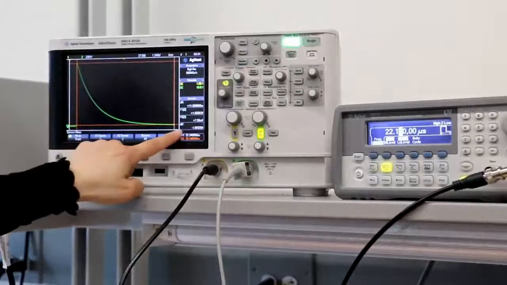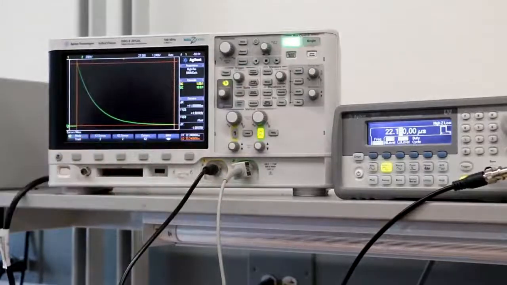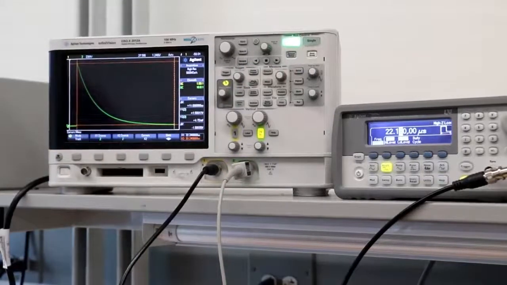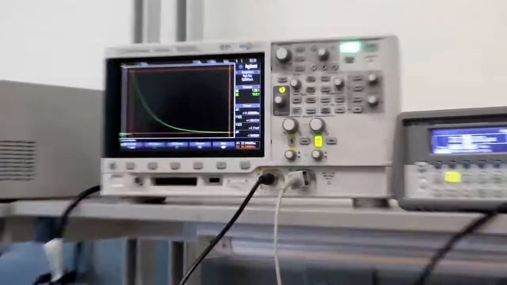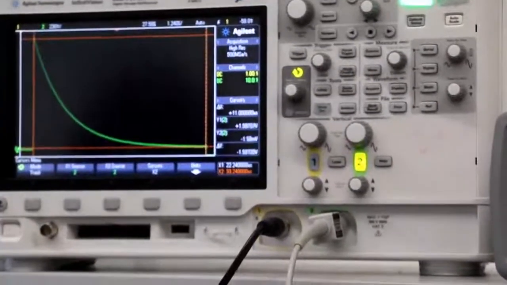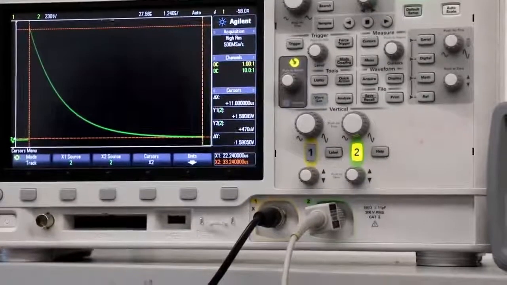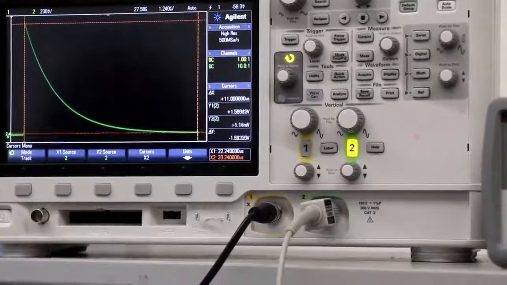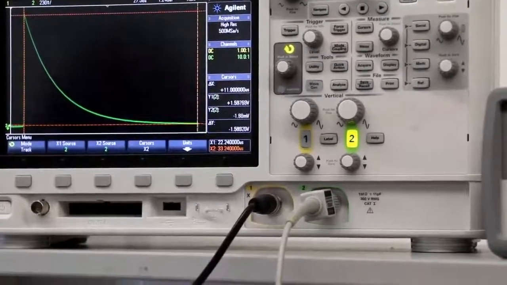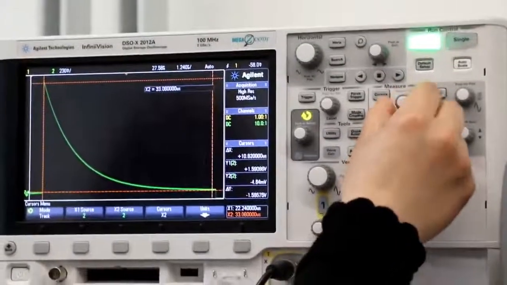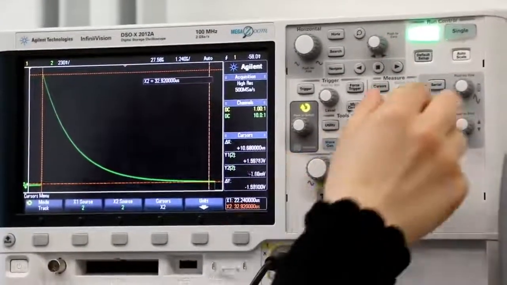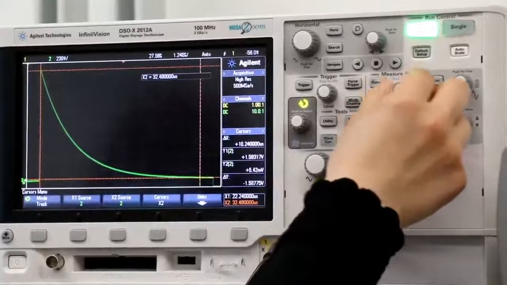Then we'll read delta Y, which is 1.59. 1.59 times 0.632 equals 1. So we'll move X2 until delta Y equals 1 or negative 1.